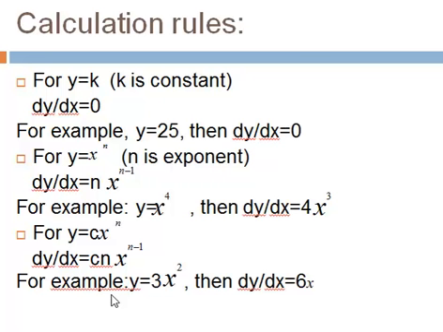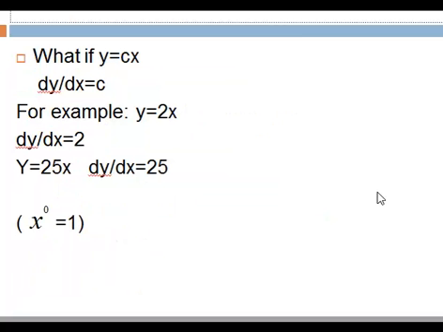So for example, if we try to find the derivative of the function y equal to 3 times x raised to the power of 2, that is y equal to 3x squared, then dy over dx will be 3 times 2 times x raised to the power of n minus 1, that is 2 minus 1, that is 1. So we get 6x.